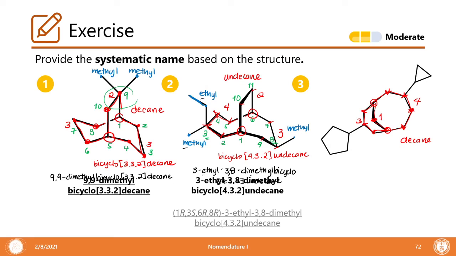Just 1. Okay, and then we have 2 substituents that are cyclic, so we should use our cyclohexyl, cyclopropyl names. In this case we have 3 carbons, so it's propyl, and because it's a cyclic compound, cyclo.